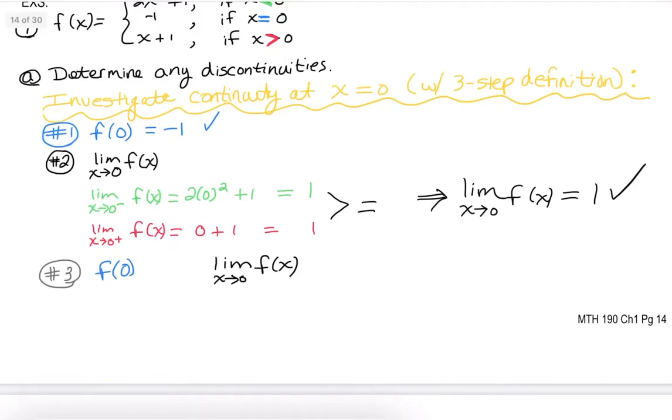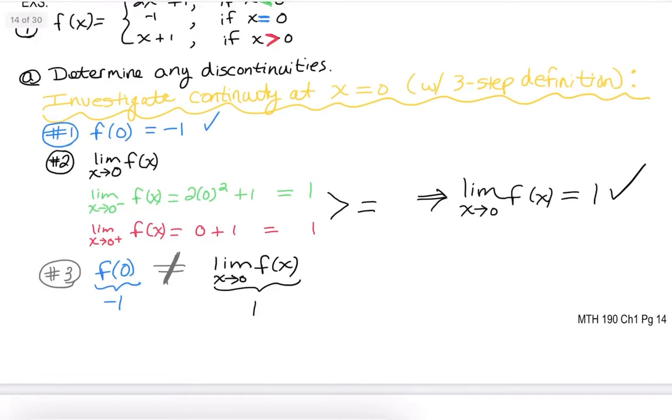In this situation, these two are not equal to each other. f of 0 was equal to -1, and the limit as x approaches 0 was equal to 1.